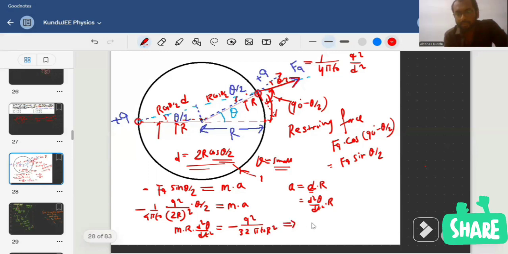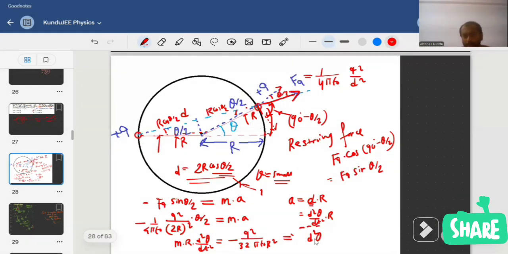And we can write it here: d2 theta by dt2 is equal to minus of Q square by 32 pi epsilon naught R cube m into theta.